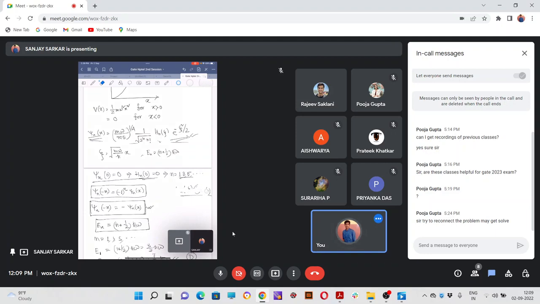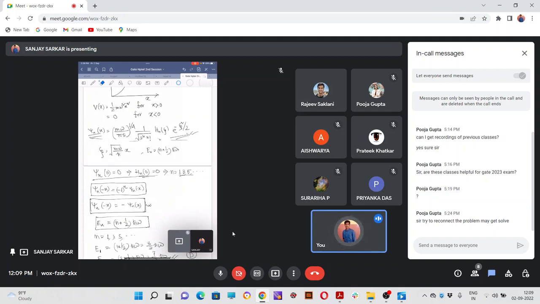And since only the odd values are allowed, if we put n equal to any odd value, then psi n minus x would be minus psi n x, because n is always odd. So this is the parity property for the half harmonic oscillator. This is for the full harmonic oscillator, and this condition is applied for the half harmonic oscillator or truncated harmonic oscillator.